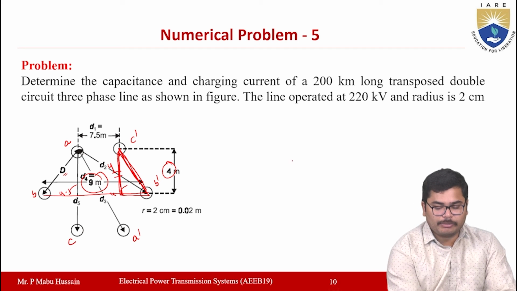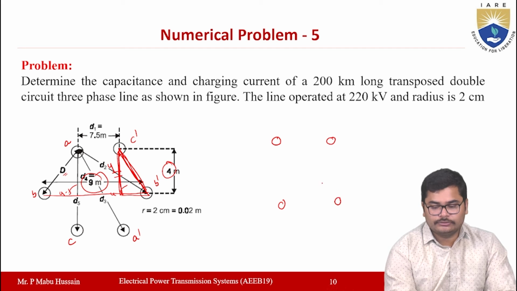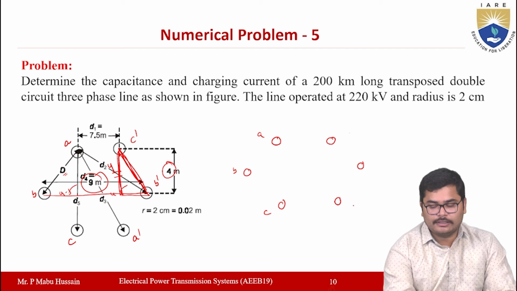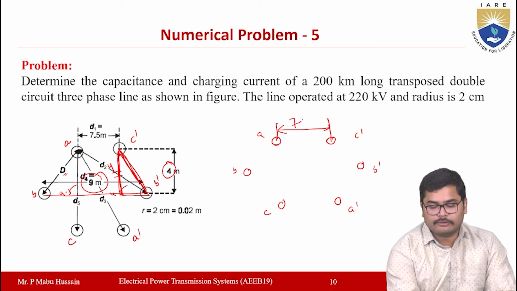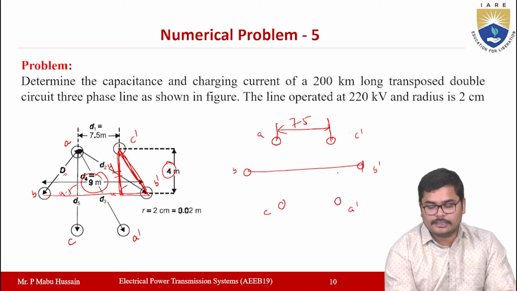And this distance is 7.5. See here, the configuration is given like this: A, B, C, A dash, B dash, C dash. This distance is given as 7.5 and this distance is given as 9 meters.